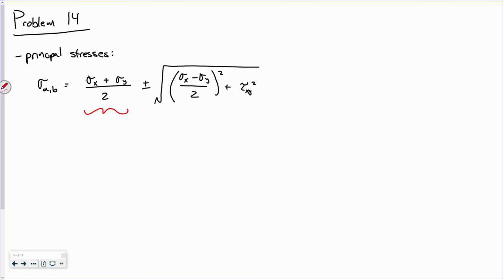Now, what I'm going to do is I'm going to say, all right, this term is called C. This term is called R. Why am I calling it C and R? Because this is where the center of the circle is, and that is the radius.